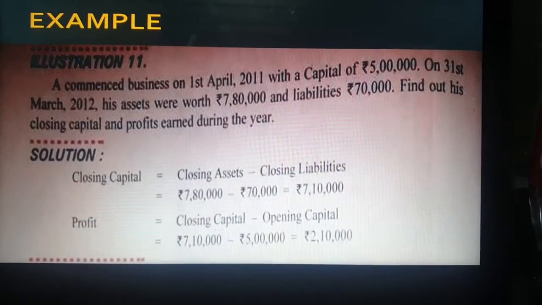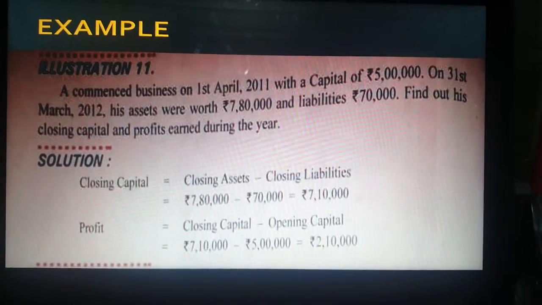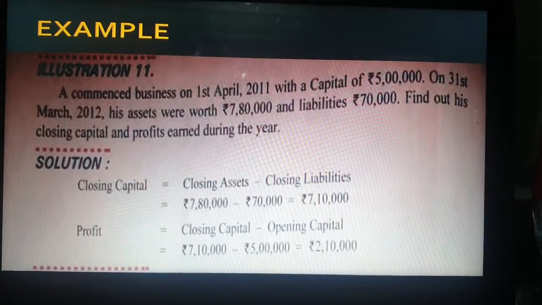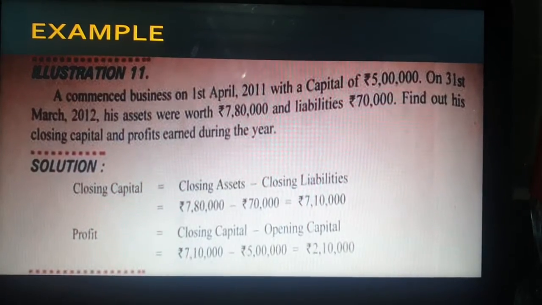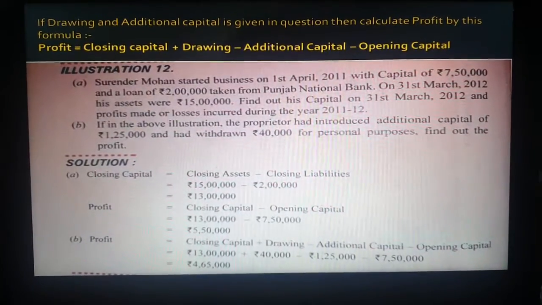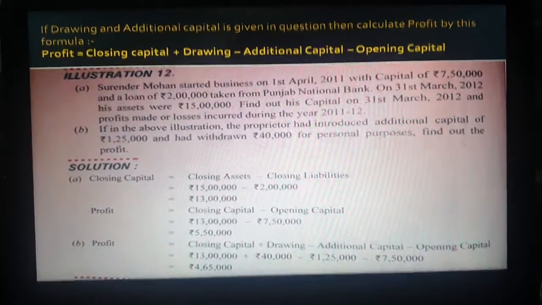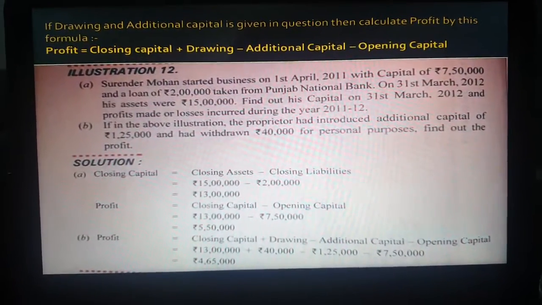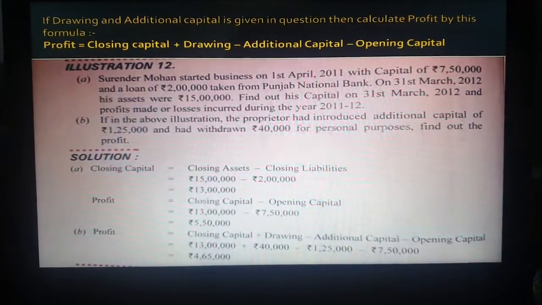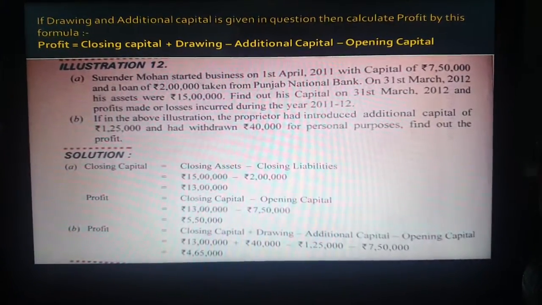Now sometimes more information is given in the question other than closing capital and opening capital. In that case, the formula of profit will change. What will be the formula of profit in case of extra information, we'll discuss in the next slide. At the top of this slide, if drawing and additional capital are given in the question: drawing is the amount withdrawn by the owner for his or her personal and private use, and additional capital is the capital invested by the owner other than the first time.